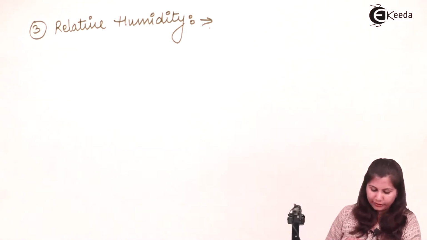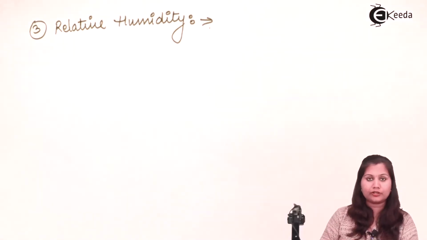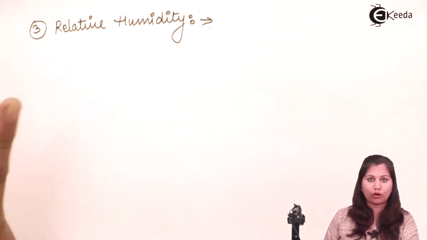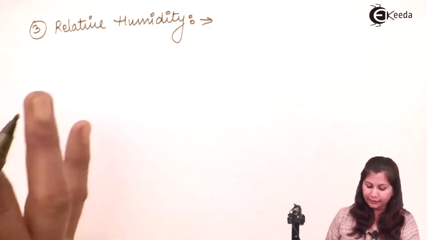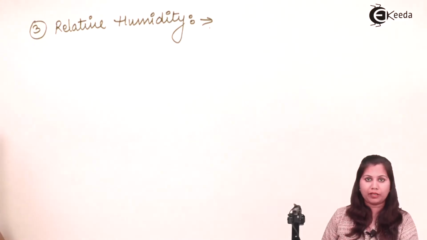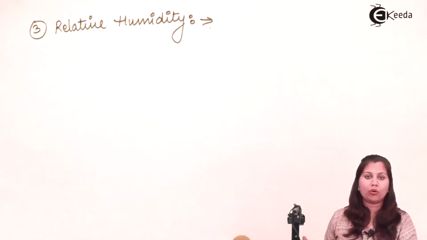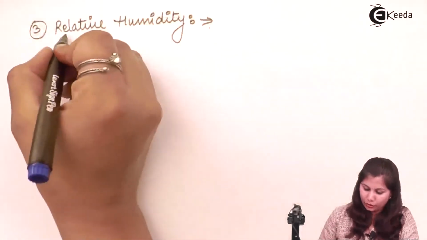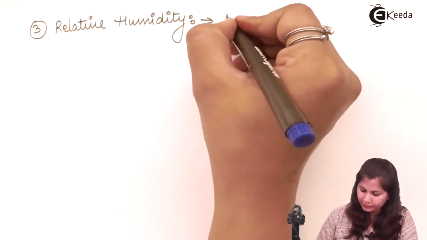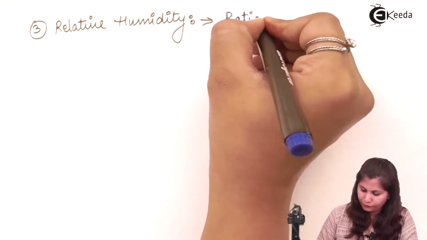Relative humidity is again the ratio of the actual water vapor present at some specific temperature to the mass of the water vapor present at a given temperature when this air is saturated.